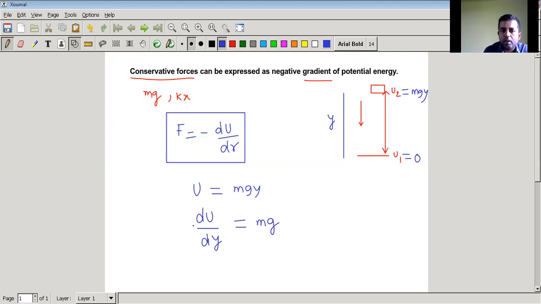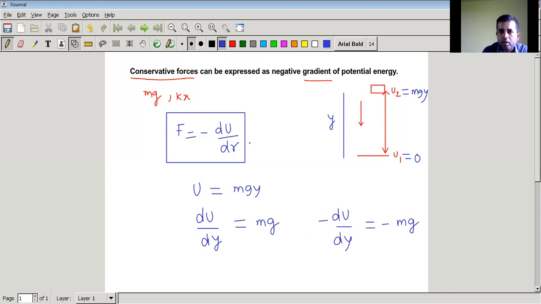Now if I put a minus sign here, this is nothing but the force, right? So minus dU by dy will be equal to minus mg. Now let us try to understand that in a vector way.